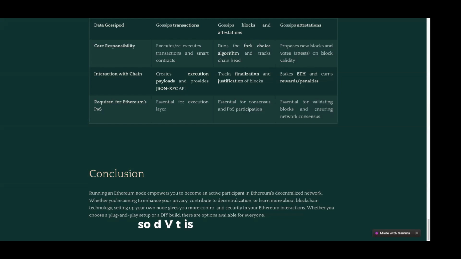DVT is a setup that's more like a redundancy setup that tries to prevent a single point of failure.